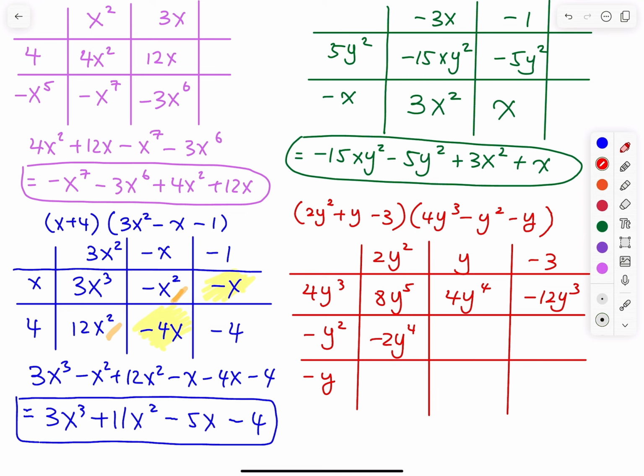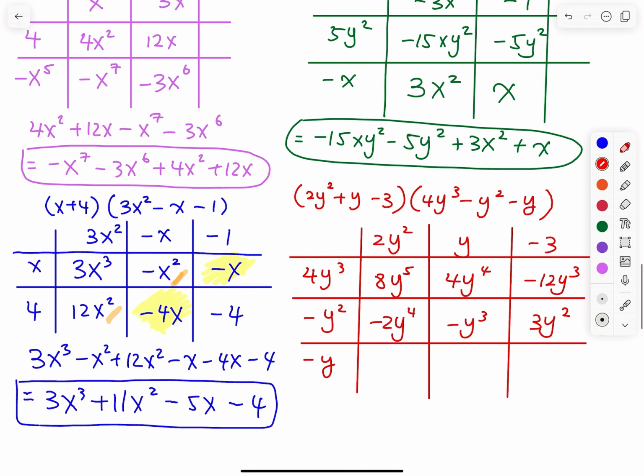Negative y squared times y is negative y to the third. Negative y squared times negative 3 is positive 3y squared. And then negative y times 2y squared is negative 2y to the third. And then y times negative y is negative y squared. Negative 3 times negative 1 is 3y.